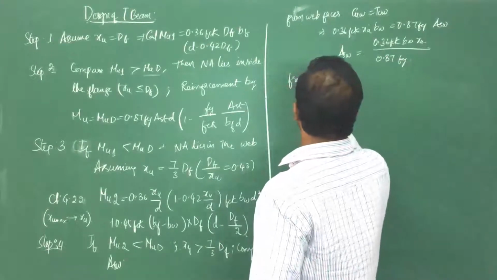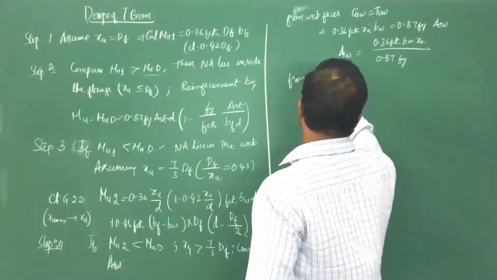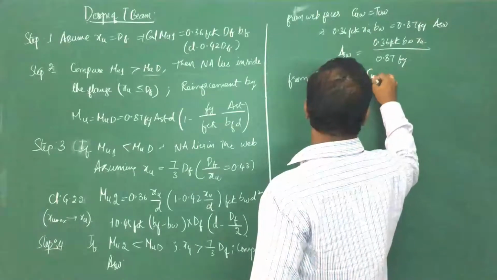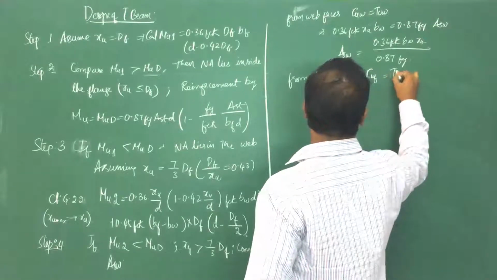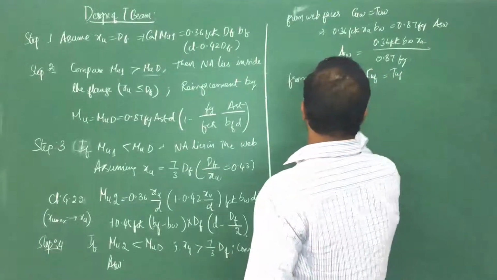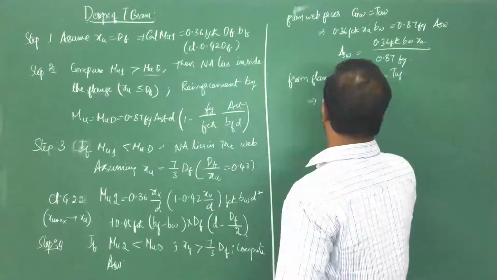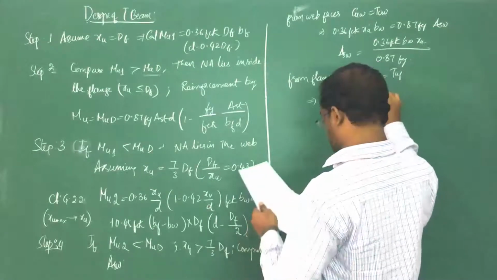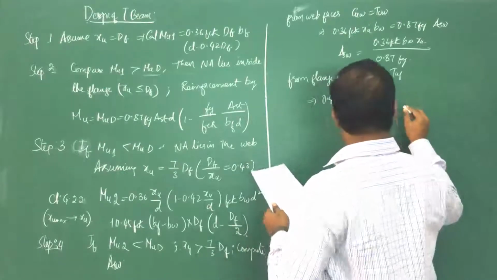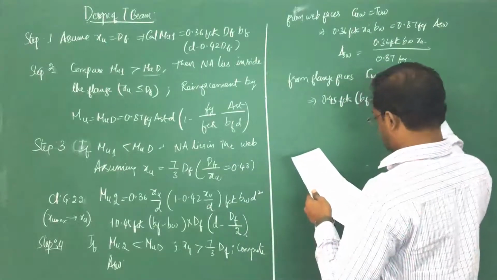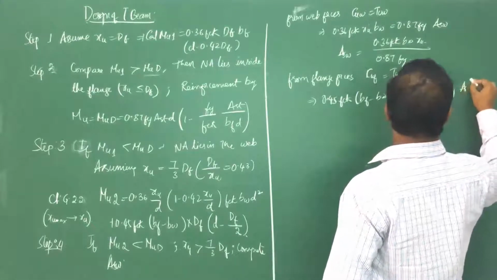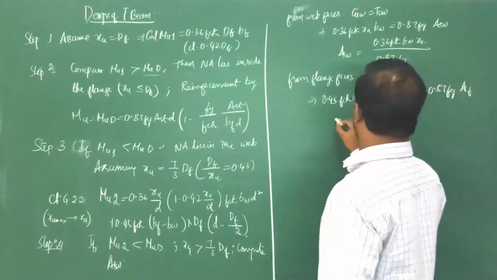From flange forces, that is Cuf equals Tuf, which is given by 0.45 fck (bf minus bw) Df equals 0.87 fy Asf.